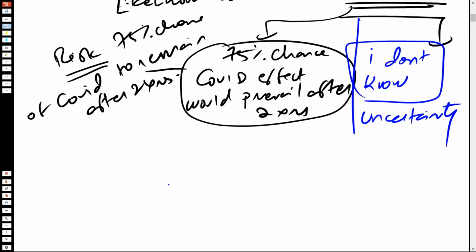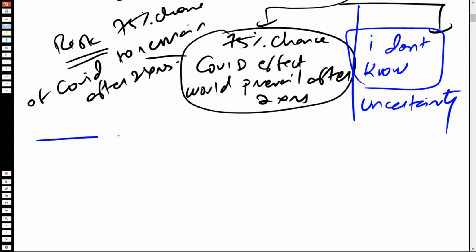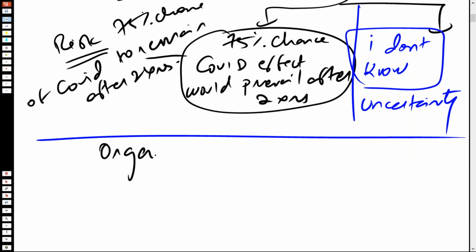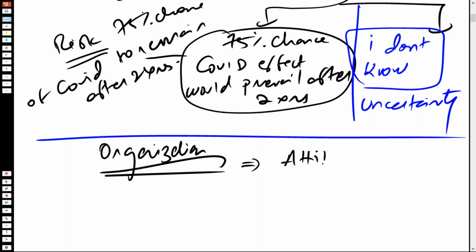Now, what happens is that, from the perspective of the organization, there could be different types of attitudes towards the risk.